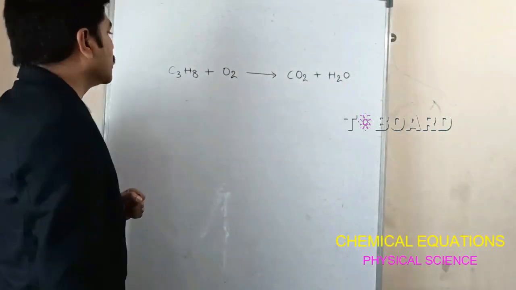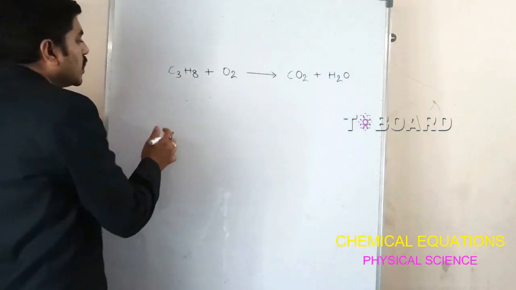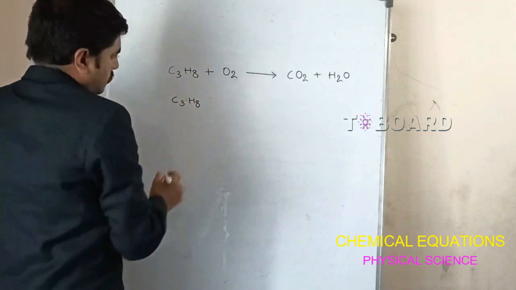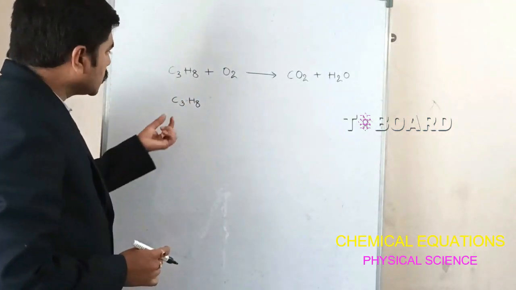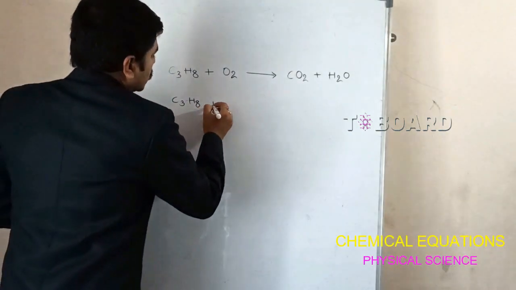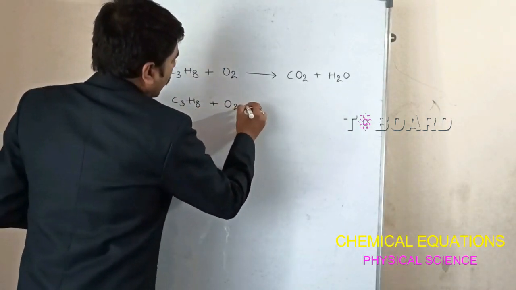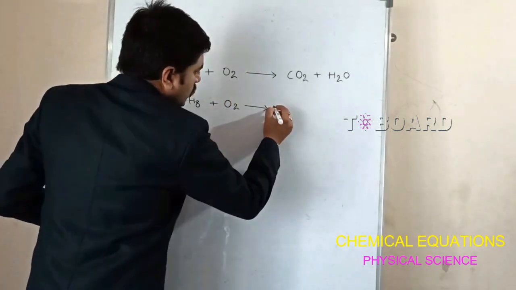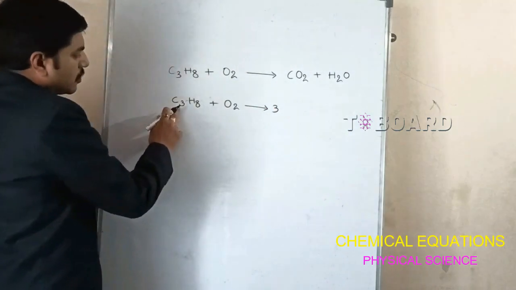Now we balance it. First of all, I want to use that C3H8 again, and write one more step. I want to balance the carbons first. How many are there? 3.